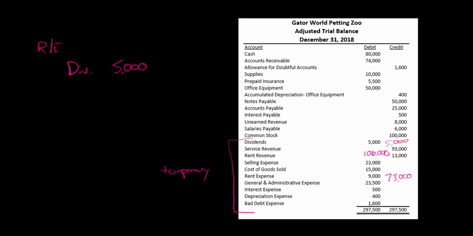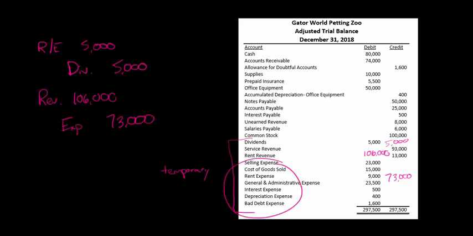Remember, the thing that you're closing things to is retained earnings. So you would debit retained earnings for $5,000, and then we're debiting revenues for $106,000, and then we're crediting expenses for $73,000. I'm just lumping all the expenses together. In reality, the accountant would do them individually. I just want to make it easy for you to see.